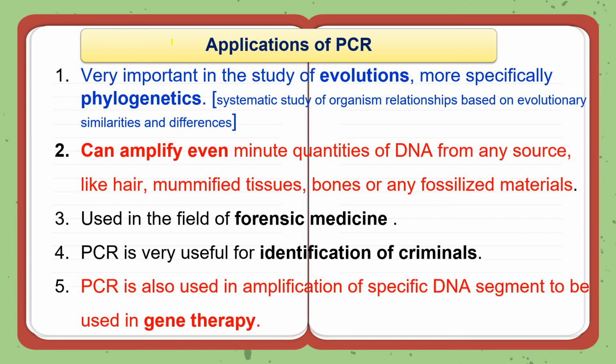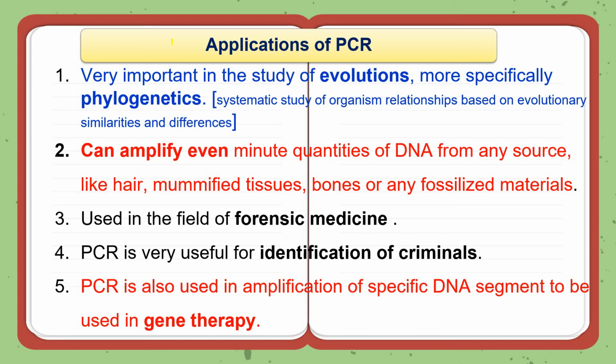It can be used to amplify even minute quantities of DNA from any source, for example, hair, mummified tissues, bones or any fossilized materials. It is used in the field of forensic medicine. PCR is very useful for identification of criminals. And the last point is PCR is also used in amplification of specific DNA segments to be used in gene therapy.